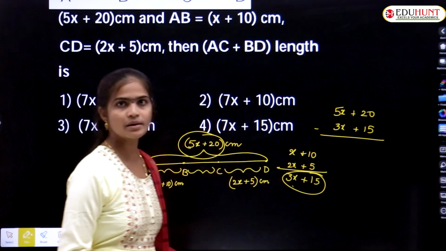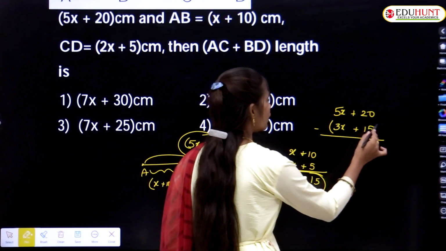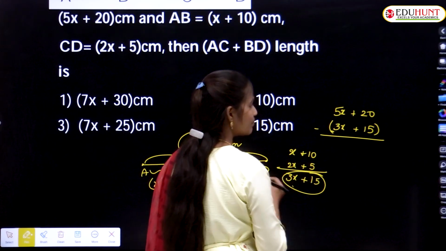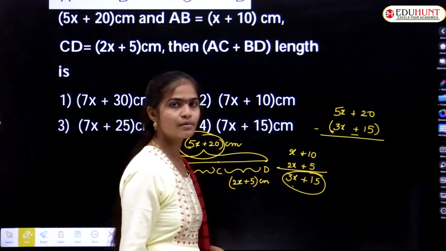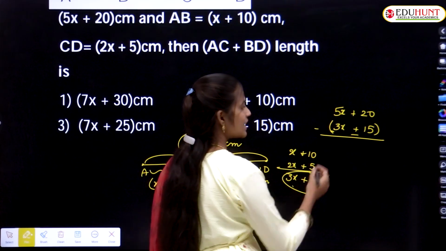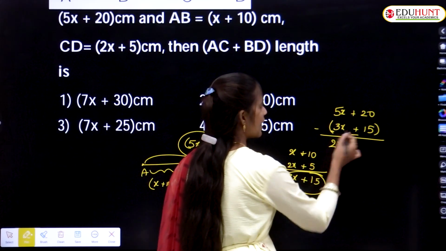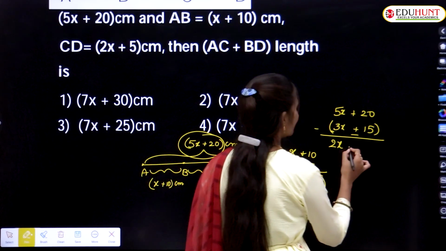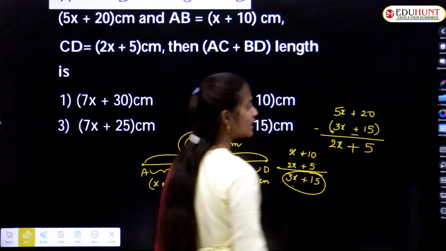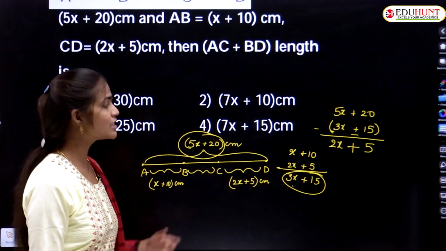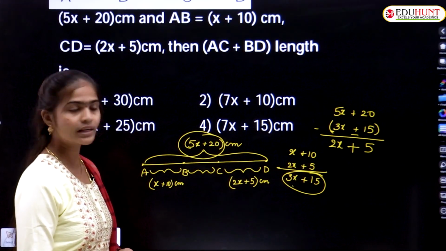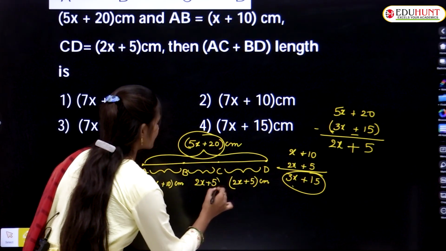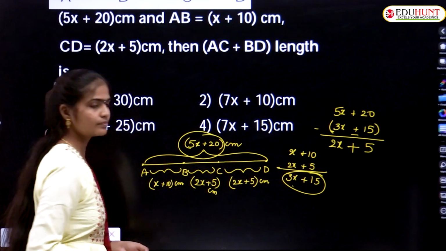When you multiply with the negative sign, this one becomes a minus and this one also becomes a minus. So 5x minus 3x is equal to 2x, and 20 minus 15 is equal to 5. What is the result? 2x plus 5. So that measurement is 2x plus 5 centimeters. Is it clear?